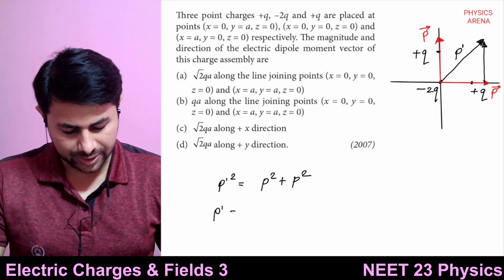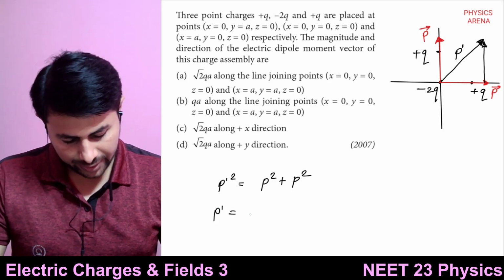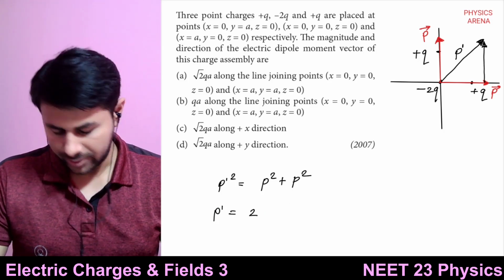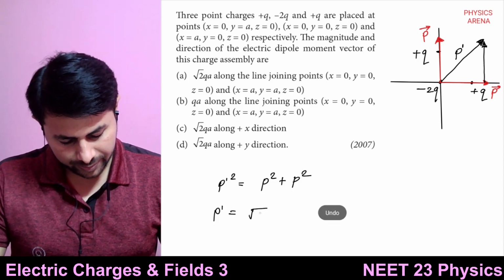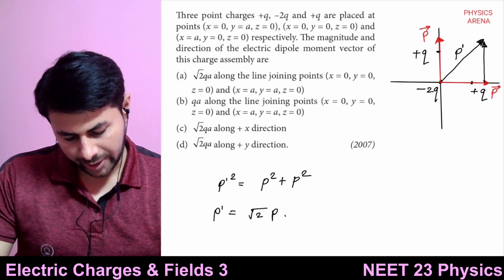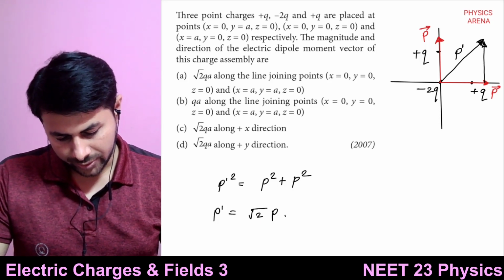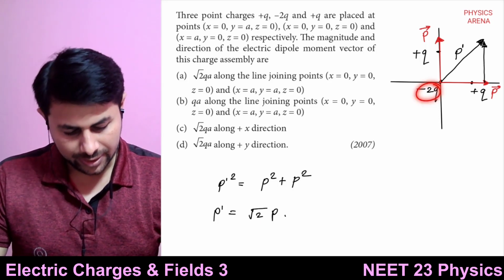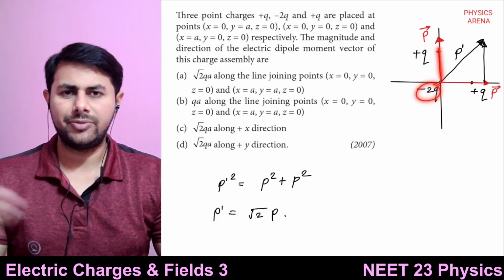Therefore P dash is equal to the square root of that, so it is square root of 2 times P. And what is P? P is equal to q multiplied by the distance between the charges.